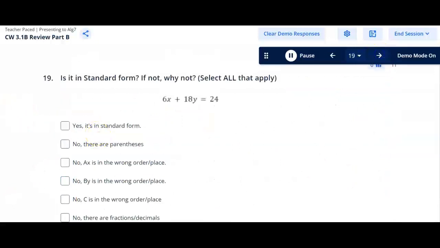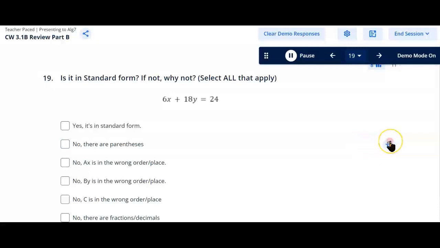Number 19. Is it in standard form? If not, why not? We're almost there.